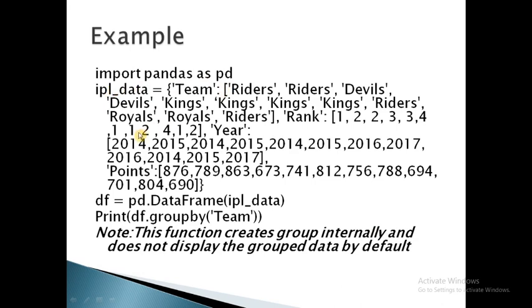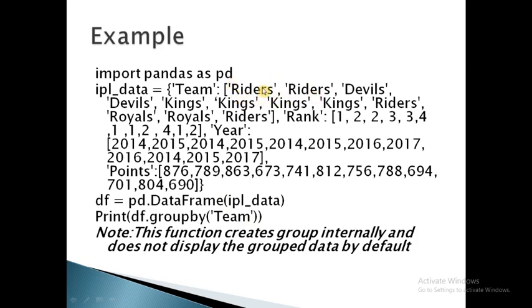Now this is the same data frame that we have used. Now what we will write is df dot groupby team. Now we are grouping it by the column header team. Means Kings are one group, Riders are another group.